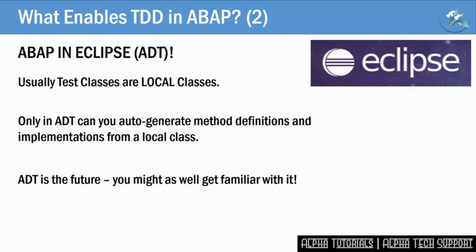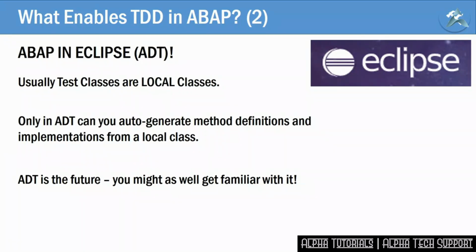In procedural programming, you'll be used to double-clicking on a call to a form routine which does not yet exist. The system will ask you, do you want to automatically create that new form routine? And bingo, it's created. For local classes, you get no such prompt in SE80. You just get an error.